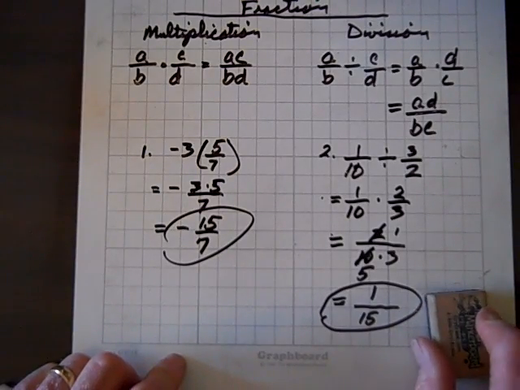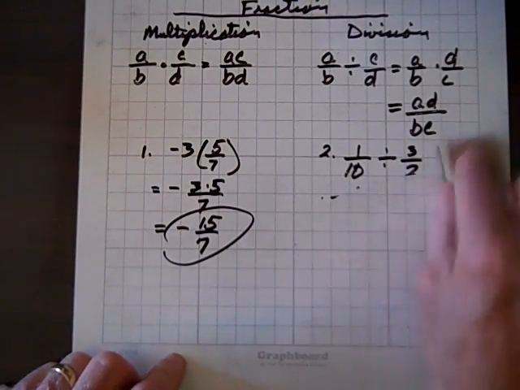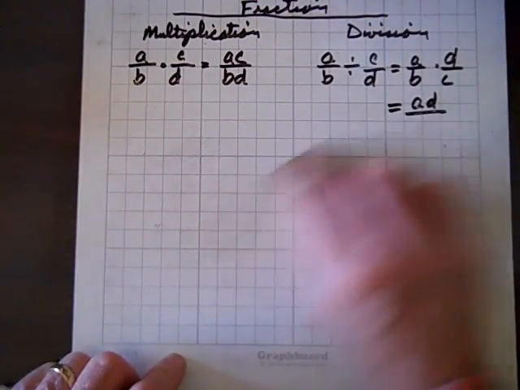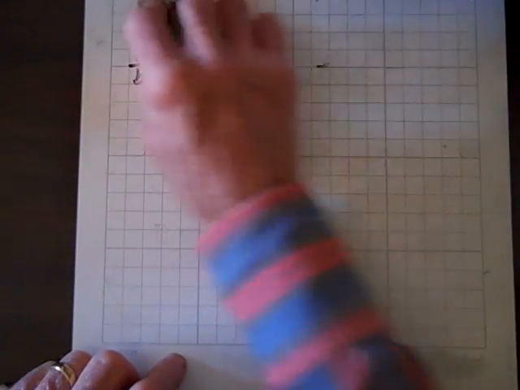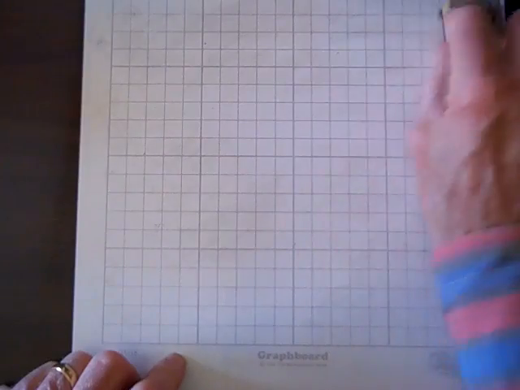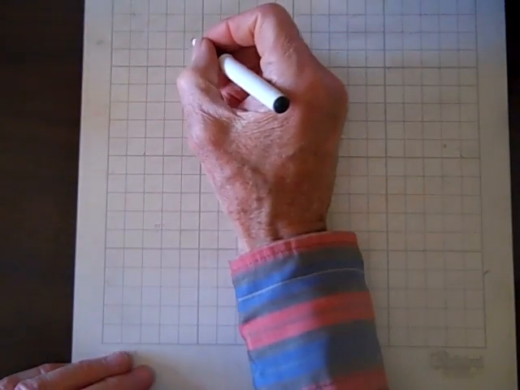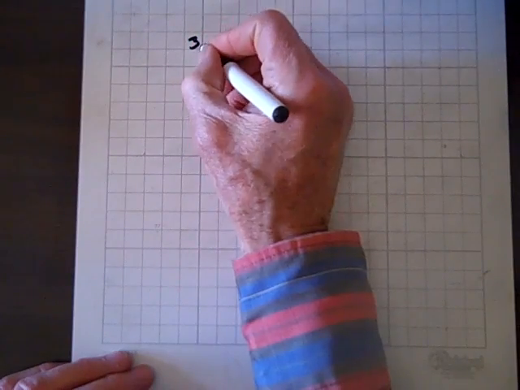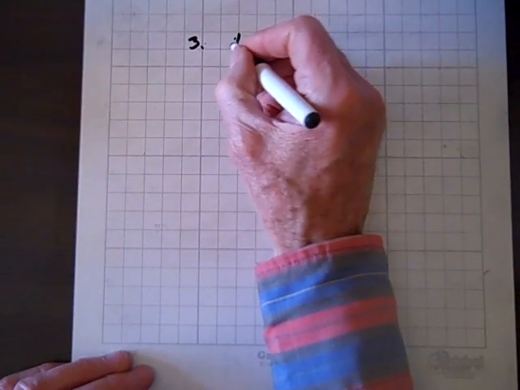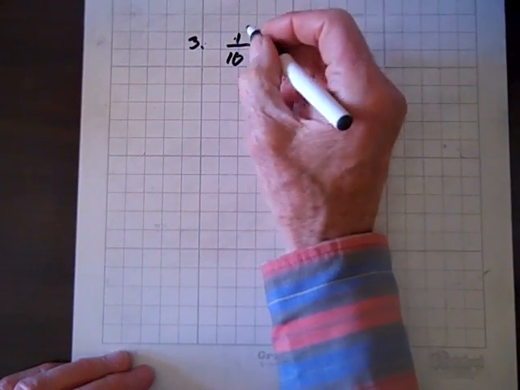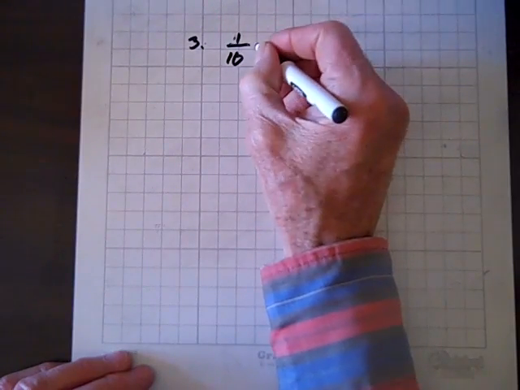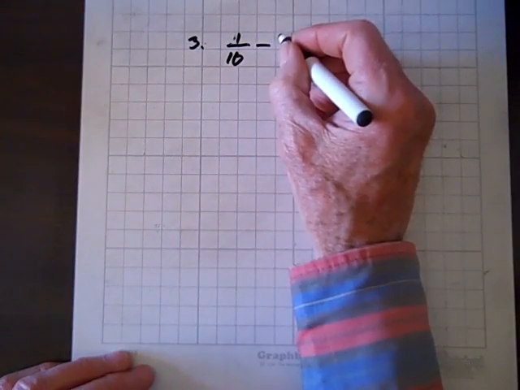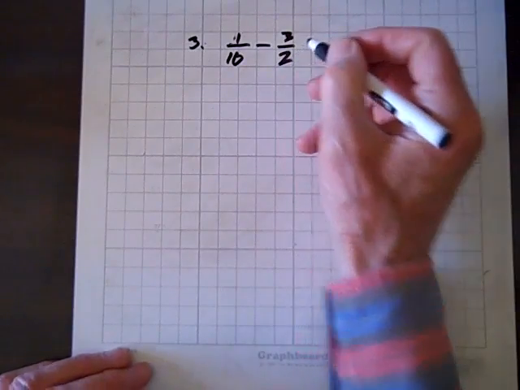But hold on, we're going to do one more. And that is we're going to add fractions. And when you add fractions, you have to get a common denominator. So I have number 3, 1 over 10 minus 3 over 2.